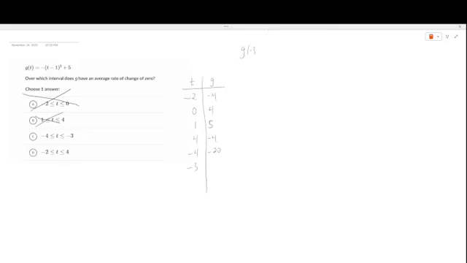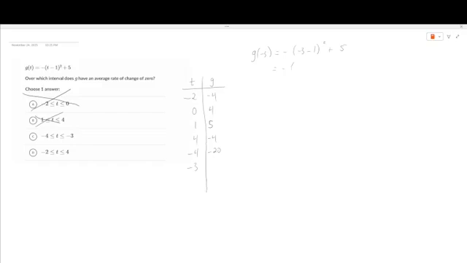Okay, so we know that there's negative 20 for negative 4, and now we're going to do the same for negative 3. So negative 3 minus 1 would be negative 4. So negative 4 to the power of 2 would be negative 4 times itself. So negative 4 times negative 4 would be positive 16.